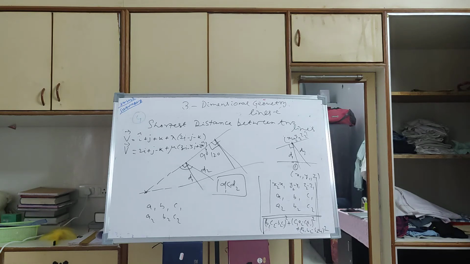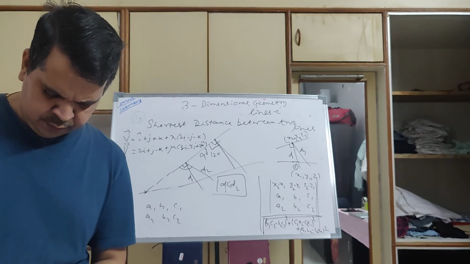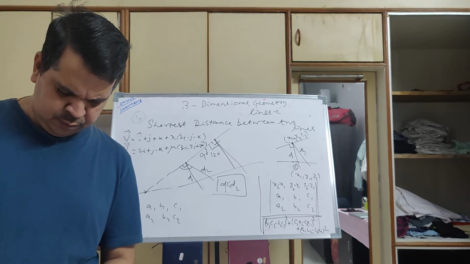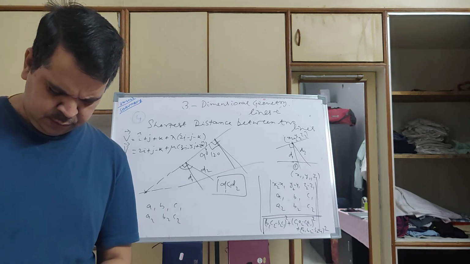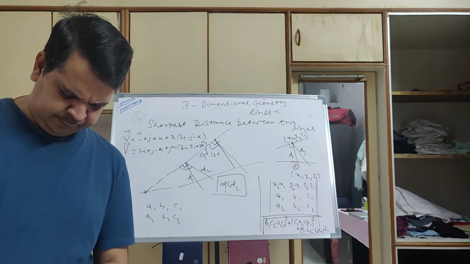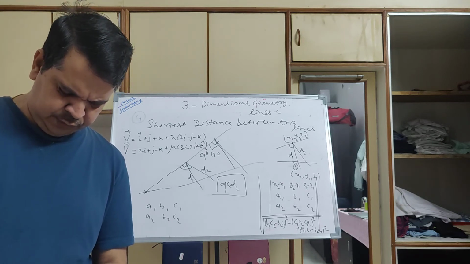A1, B1, A2, B2, then we have written therefore A1 minus A2, B1 plus B2 magnitude.